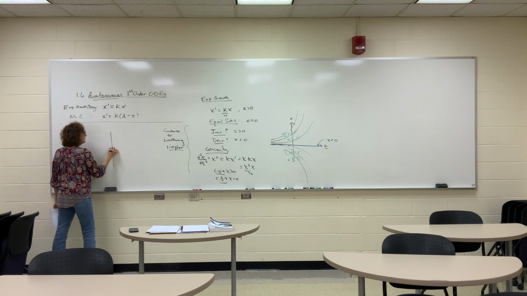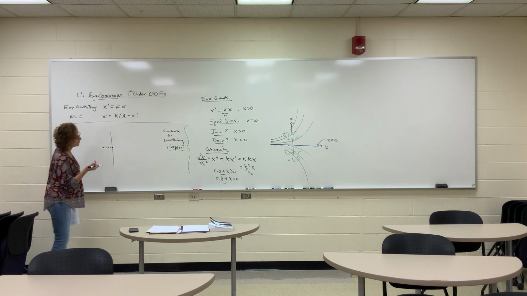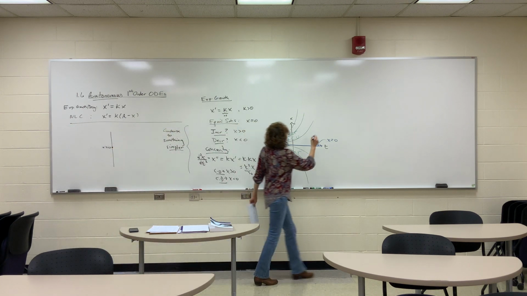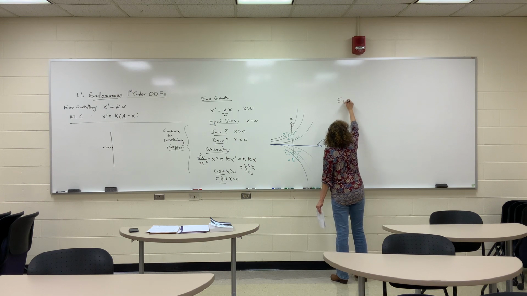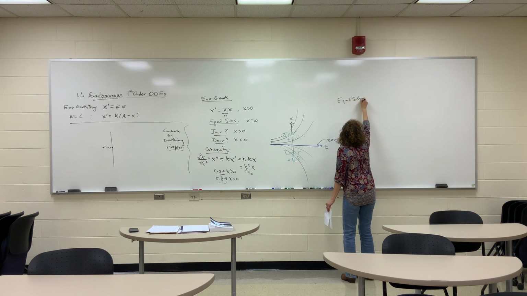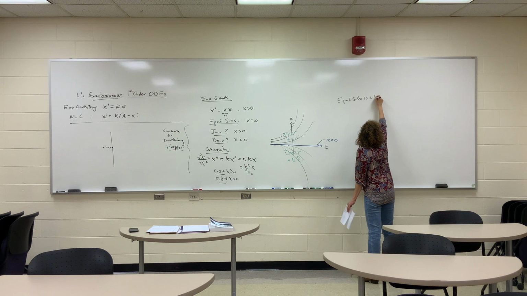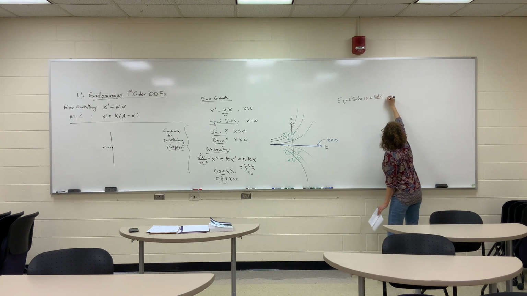What do we have, right? X equals 0 is an equilibrium solution. So what is an equilibrium solution? In this context, an equilibrium solution is a solution. Solutions have equations, right?